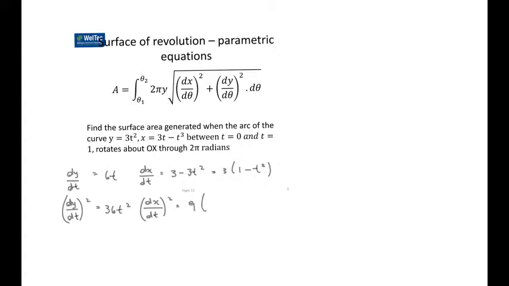Squaring 1 minus t squared would give us 1 minus 2t squared plus t to the 4. And then we add these together.